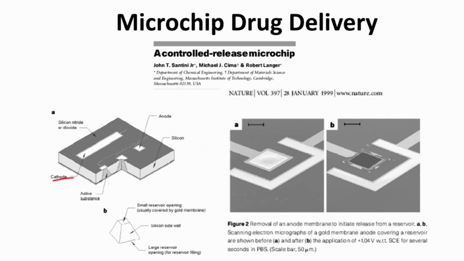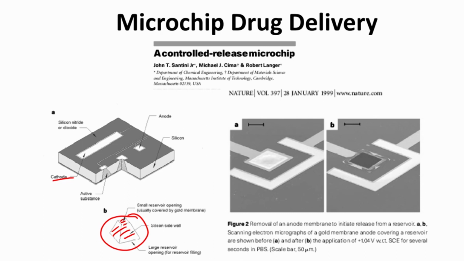If you zoom in, you see a structure like this, where the reservoir of drug is here and it is capped by a thin cathode, or thin anode. If you pass current through it, it heats up and gets degraded, and once it gets degraded, all the drug that is there is going to come out.